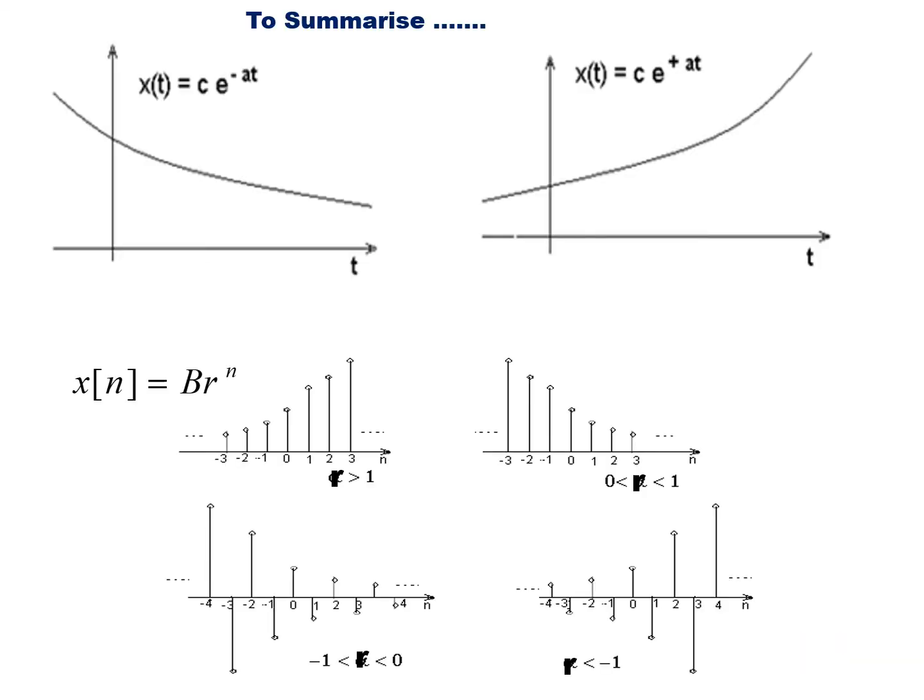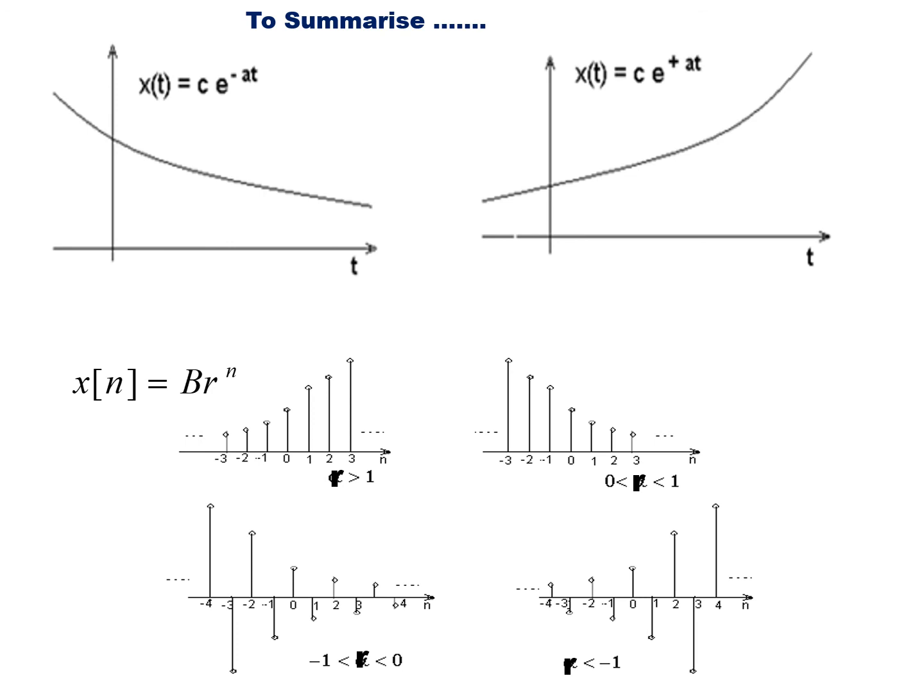Now, to summarize, we studied exponential signal, the first type of basic signal, in both continuous form and discrete form. When we studied the continuous form, the equation for an exponential signal is given as x as a function of time is equal to a constant into e to the power of minus at.